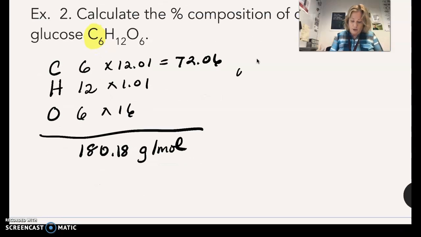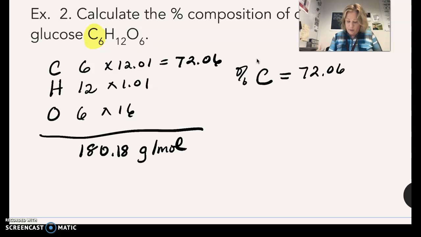If I want to know just the percent of carbon, I could have done the hydrogen and oxygen too, but sometimes it's just a shorter problem to look at just one element. So I would take the mass of just the carbon over the total mass of the compound times 100. And when I do that, I get 40.0.